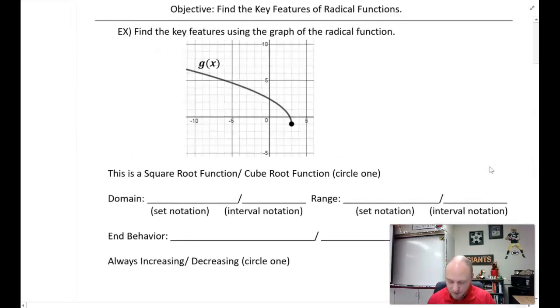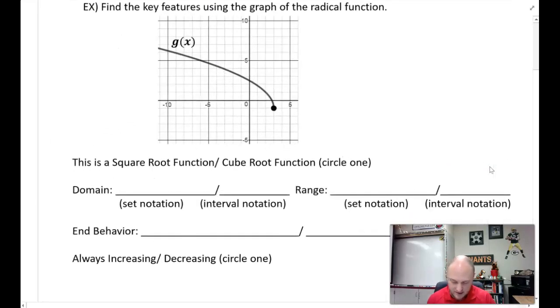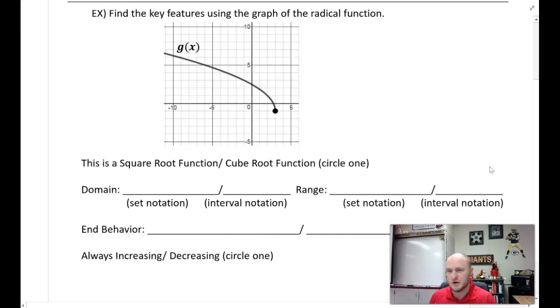One more example here I wanted to give you, just to give you a different look. Now, here I have a function. Is it a square root or a cube root function? Well, it has an endpoint, and it has only one arrow, so this is a square root function. Our domain, well, this function starts at (3, -1).